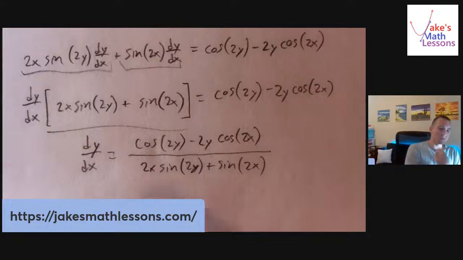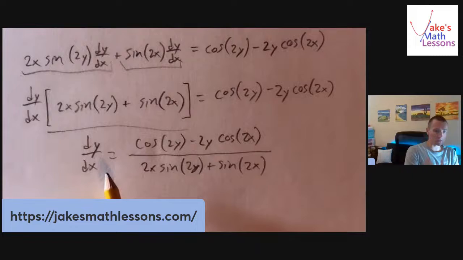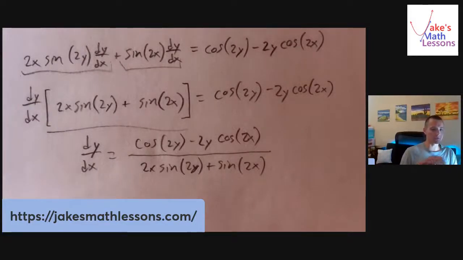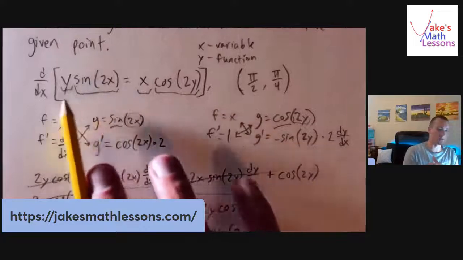Well, the reason that we had to find dy/dx is because what dy/dx represents is the slope. We don't know what this function is in terms of having y equals some function of x, but we do know that it's given by this curve here, this relationship between x and y.